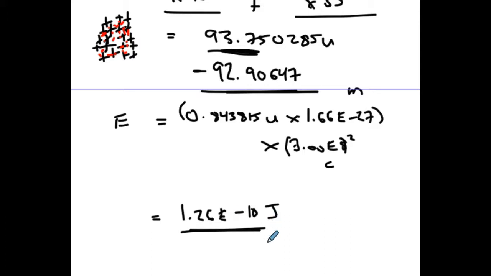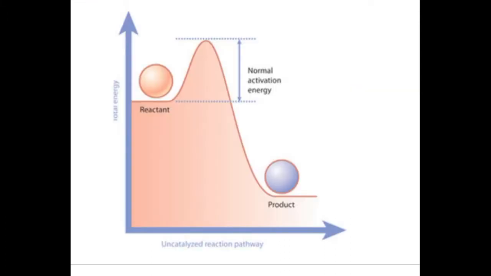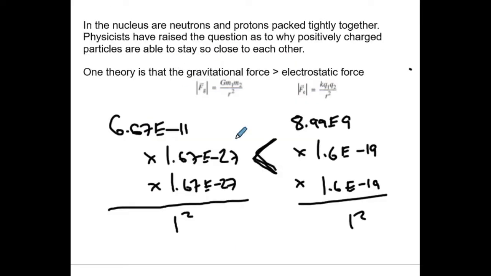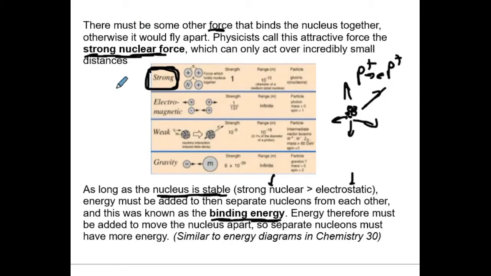Now, that doesn't seem like a whole lot, but that's how much energy is required. Keep in mind, remember when we were calculating forces back here? I know this is force compared to energy, but we don't necessarily need a lot of energy to overcome this electrostatic force. We just need some energy. And so that now explains this strong nuclear force, which scientists don't really have a great explanation for.